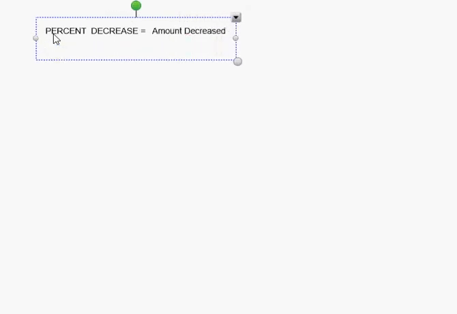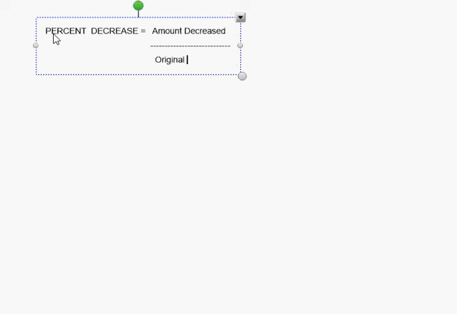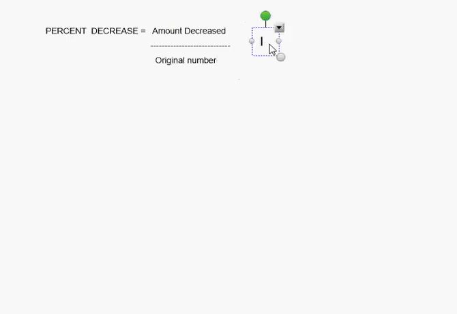Percent decrease is equal to amount decreased divided by the original number and then converted to a percent. Now, simple interest, and this is section 8.2.